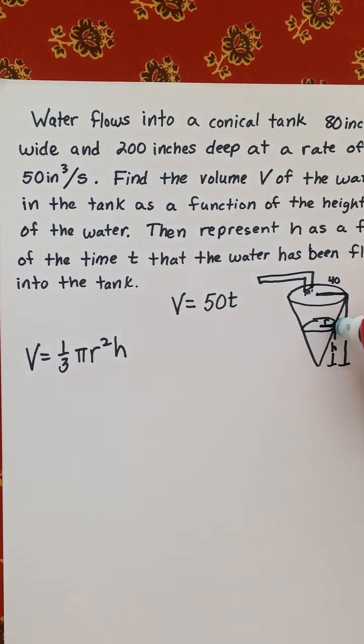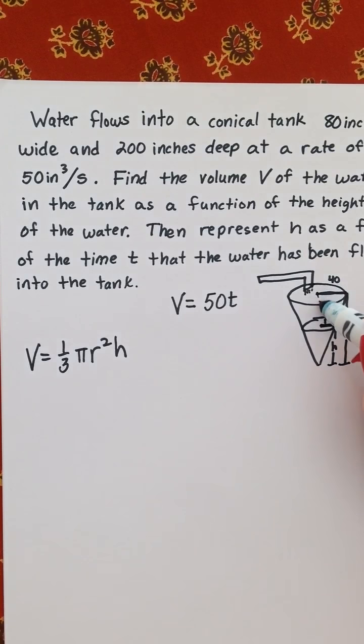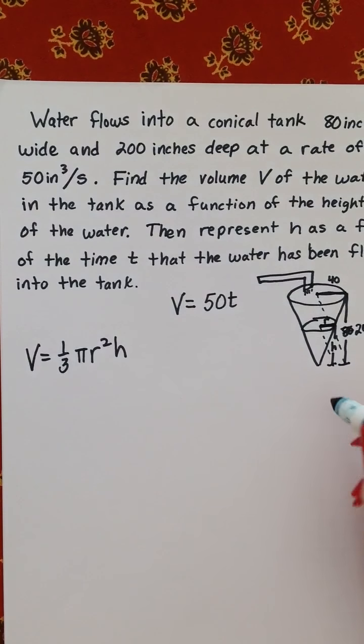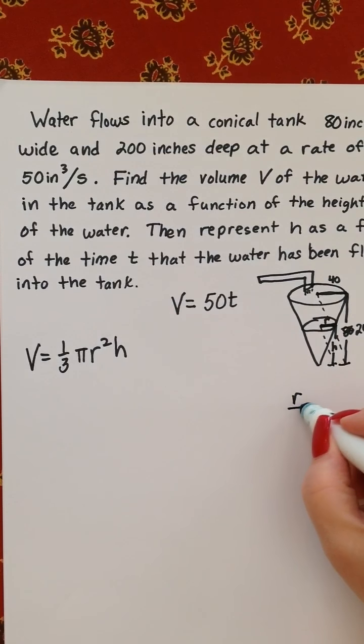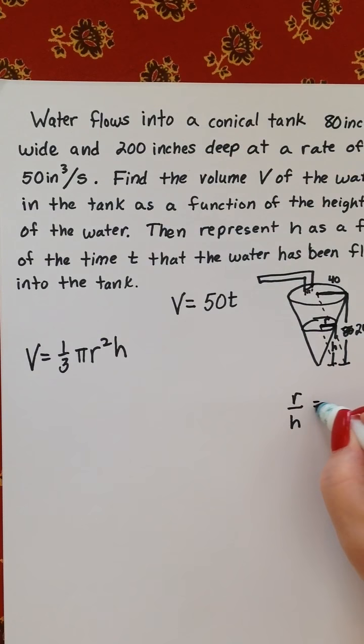But the radius of the water will vary and the height will vary. But would you agree with me, these connected make similar right triangles. So we could say that r is to h, radius is to height, as 40 is to 200.